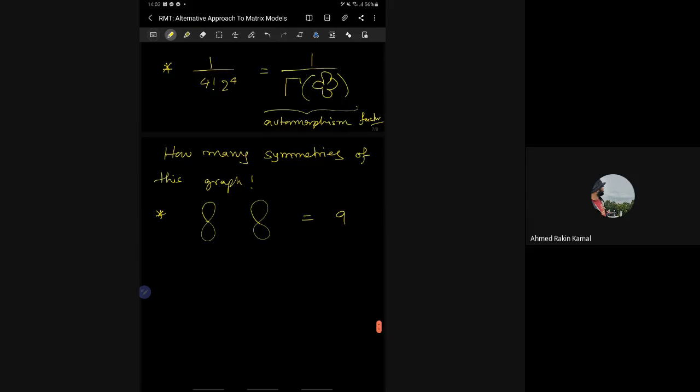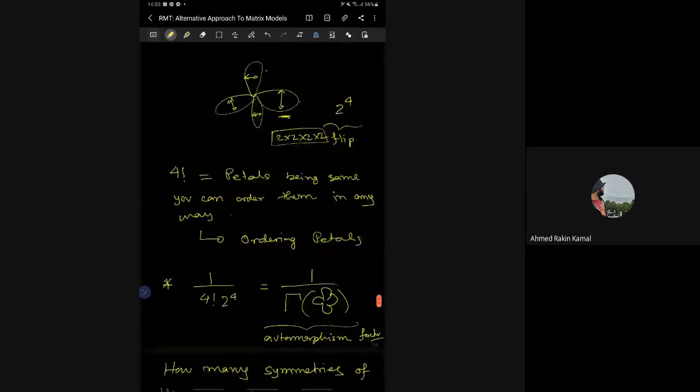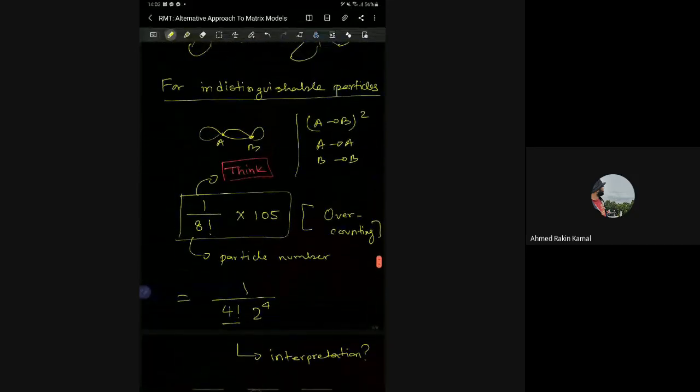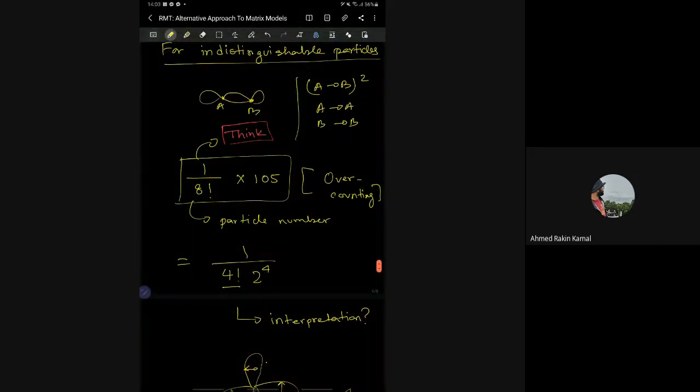Okay, I forgot to mention one thing. Let me mention that. Coming back here, the 1/8 factorial, we put that due to the particle indistinguishability. Since they are indistinguishable, they give me the same structure.